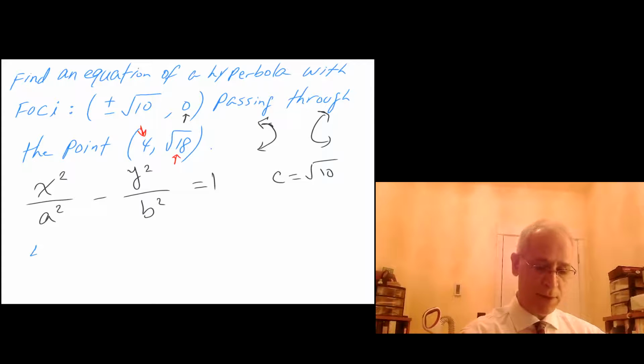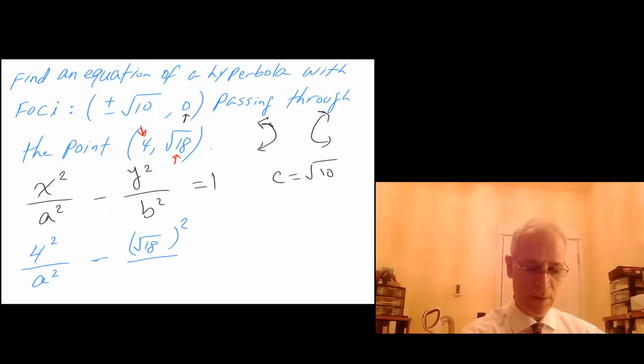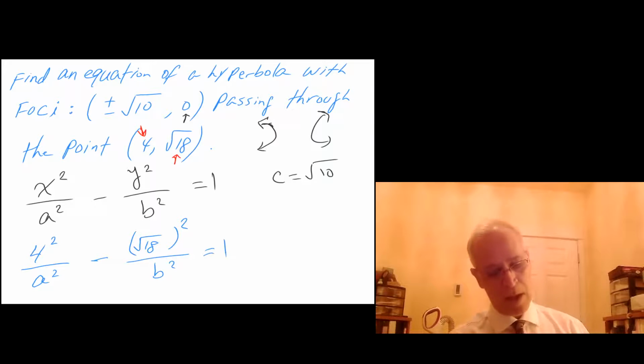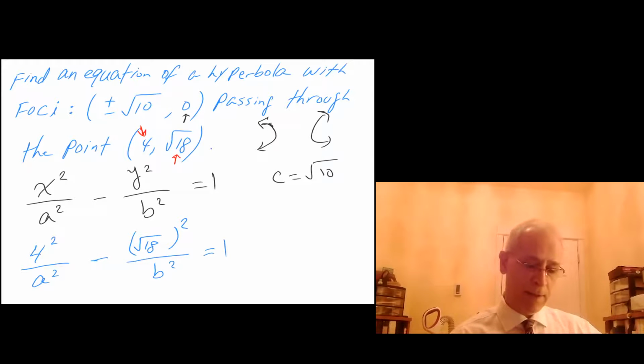I have 4 squared over a squared minus square root of 18 squared over b squared equals 1. In order for me to combine these two fractions, I need an LCD. So I'm going to multiply top and bottom of the first fraction by b squared and top and bottom of the second one by a squared.